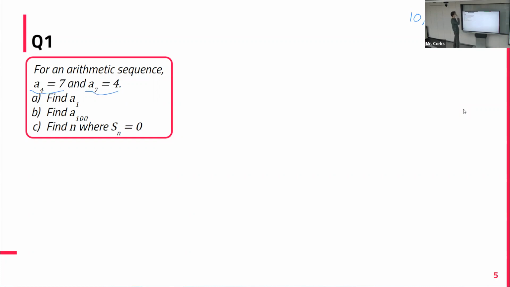We weren't actually given the first one. So how can we find the first one? $88, $89. Okay, we'll check. What is your strategy first? How can we find the first term if we're given these 2 things?